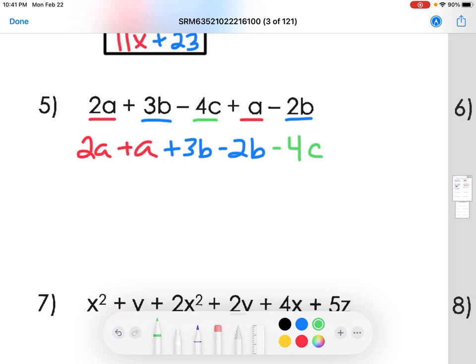When you just have variables, you want to put those in alphabetical order typically. So my a's are going to go in the front. 2a plus 1a would be 3a. 3b minus 2b would be 1b. And then I have nothing to combine with my c terms, so it would be minus 4 times c.